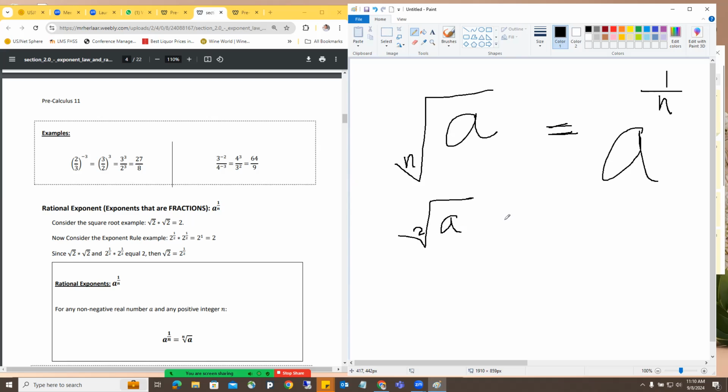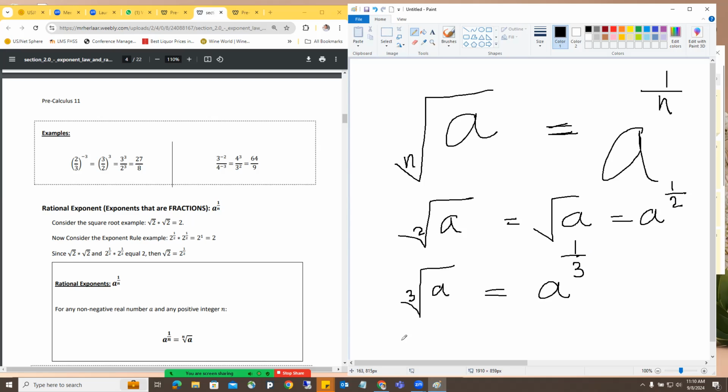So if there's no number, that means we have to take the square root, that is 1 over 2. If we have a cubic root, then we should have 3 there, that is 1 over 3. If we have to take the fourth root, then we have to have this 4 here.